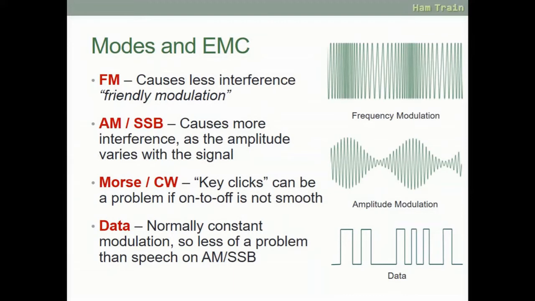Morse or CW can create clicking, so if you're interfering with a TV, it can sound like clicking on the telly if it's not a smooth signal. And data, although because it's constant, it can be less of a problem than speech, but it can still cause issues.